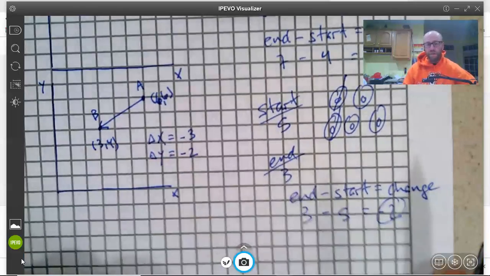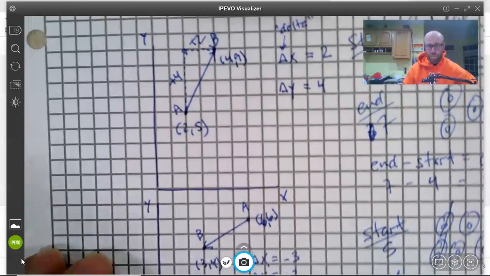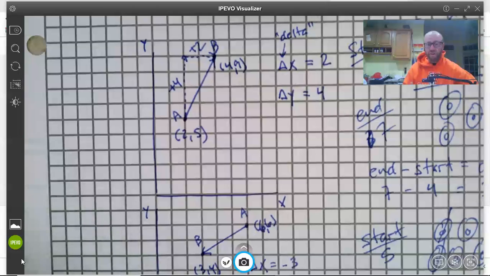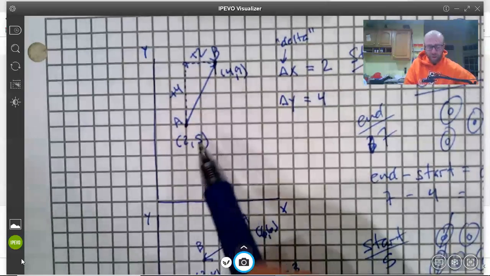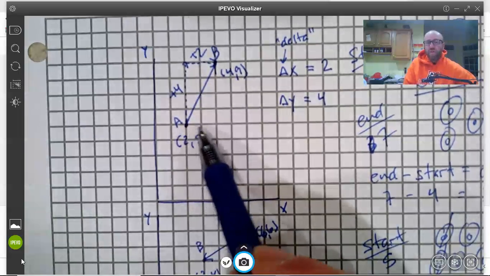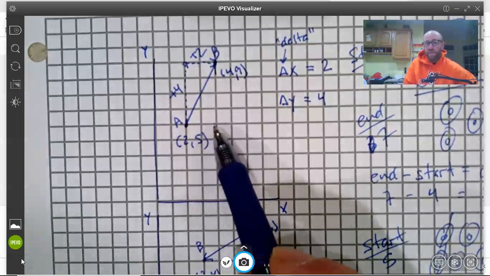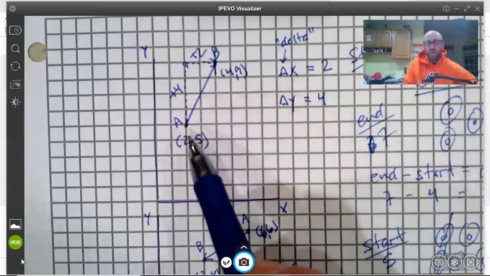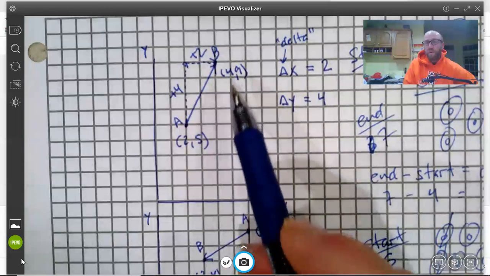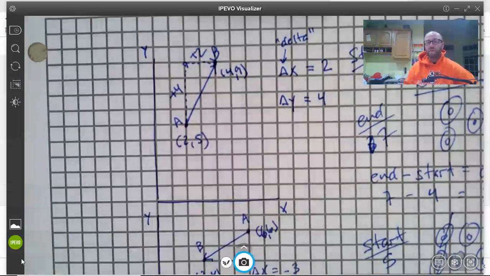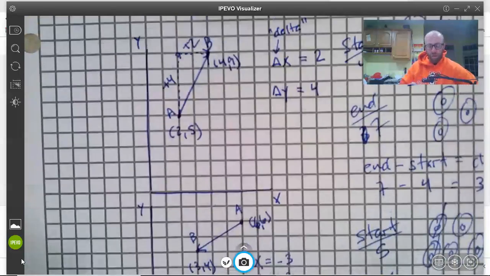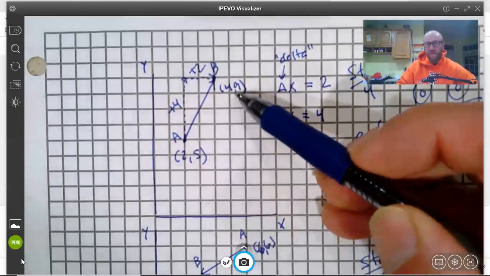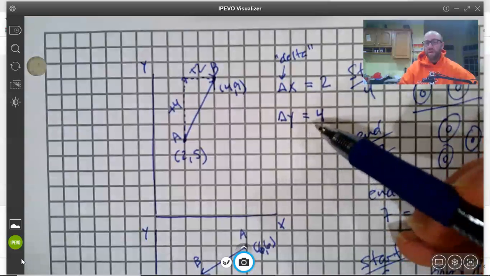So we've seen when we looked at change in x and change in y, we have a similar thing going on here. If my change is to the right when it's x, then my change is positive. So this change was 2 spaces to go from x is 2 to x is 4. The x value increased, so the change was positive. And the y value went from 5 to 9, so it was an increase of 4.